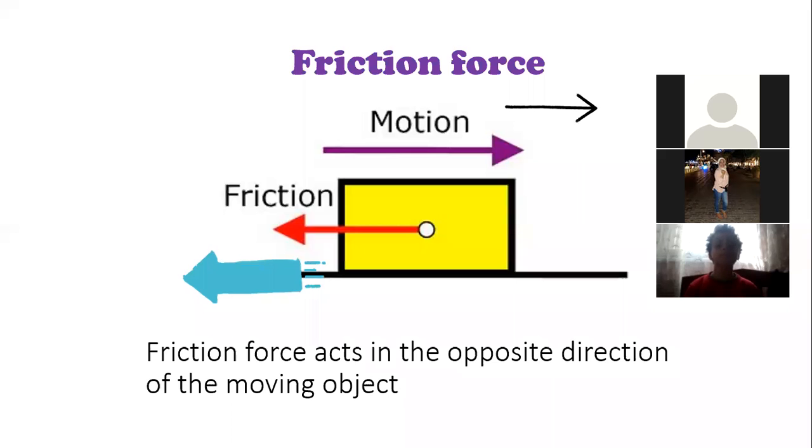As I told you before, if you're running towards the door and one of your friends comes and grabs you from the back of your shirt, will he grab you in the same direction that you're moving to, or in the opposite direction? Opposite direction. Yes, in the opposite direction.